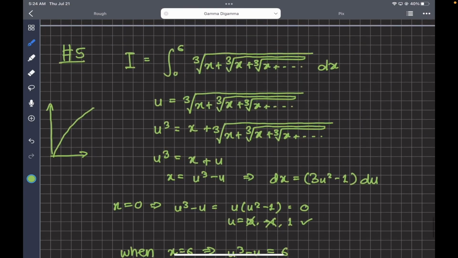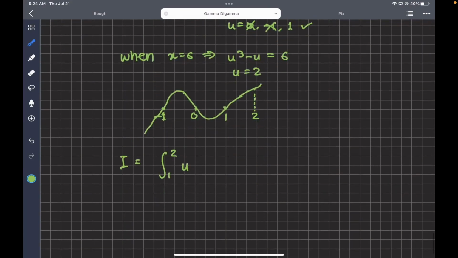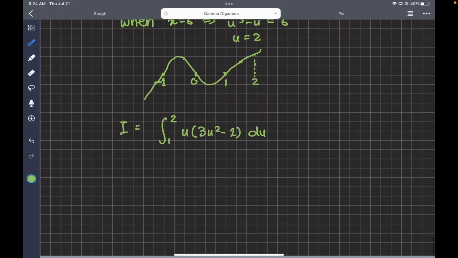And we replace everything. This was u, and dx was (3u squared minus 1) du. This integration is really trivial.